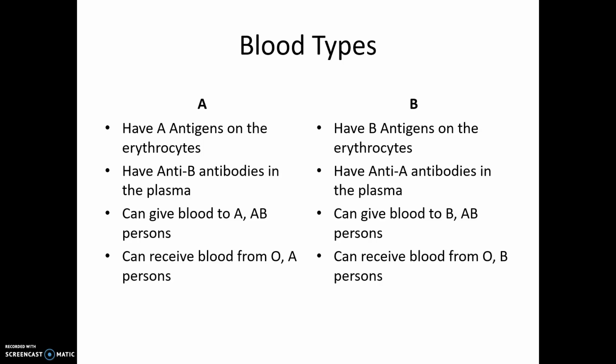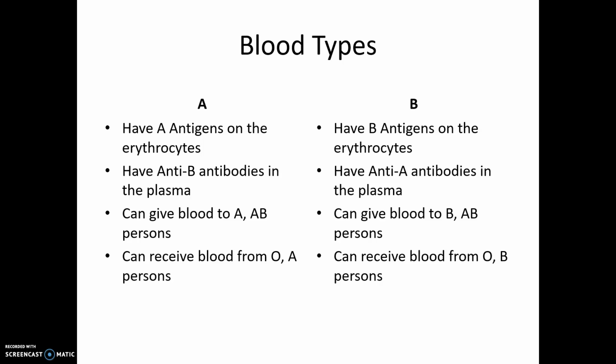When we talk about a person with A blood, they have A antigens on the outside of their erythrocytes, which are your red blood cells. They have anti-B antibodies in the plasma, because they're trying to defend against any foreign blood that would be inserted into the body. So if you have A blood with A antigens, you want anti-B antibodies to get rid of B antigens.